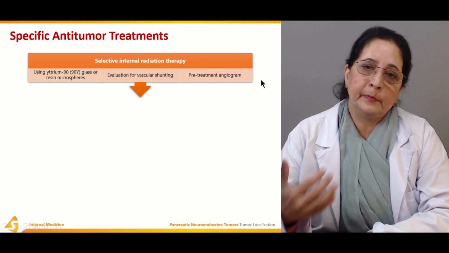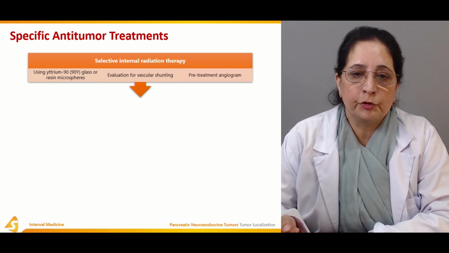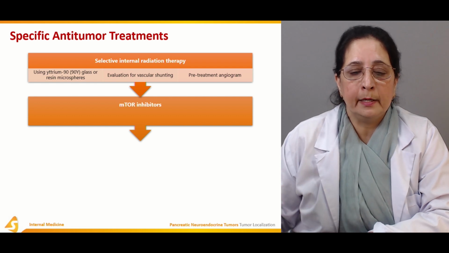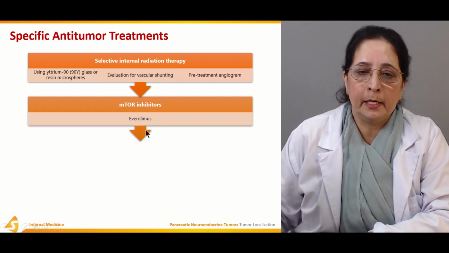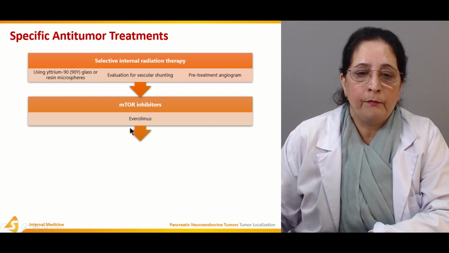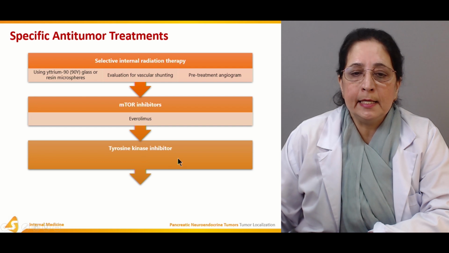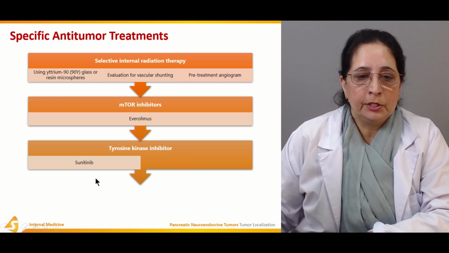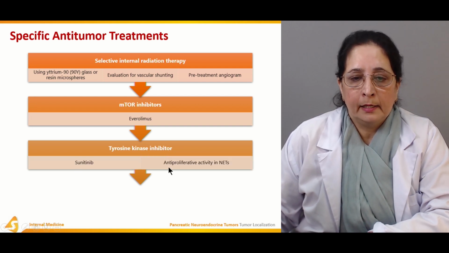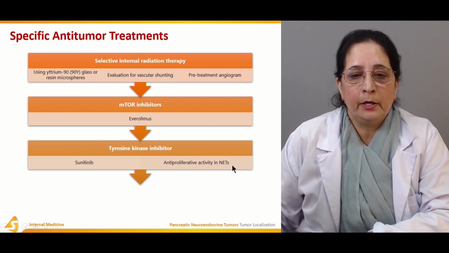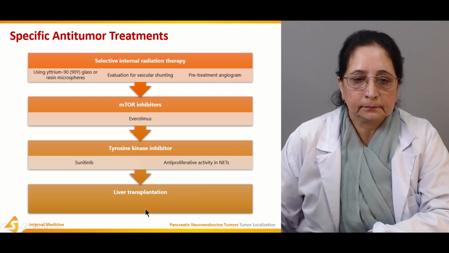Then we have mTOR inhibitors, which is everolimus, and a tyrosine kinase inhibitor, which is sunitinib, with anti-proliferative activity in neuroendocrine tumors.